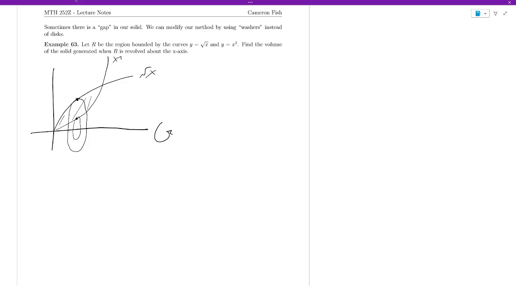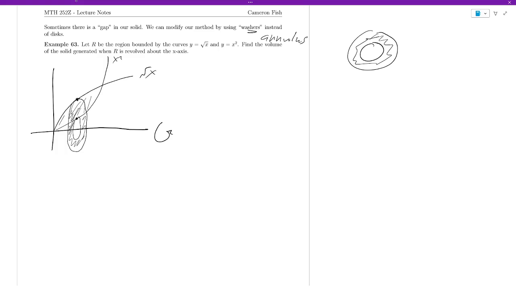So instead of getting a circle cross section, I'm going to get this washer shaped cross section. So that's where this name comes from. You might also hear the word annulus. It's a shape that looks like a circle where I cut an inner circle out of it.